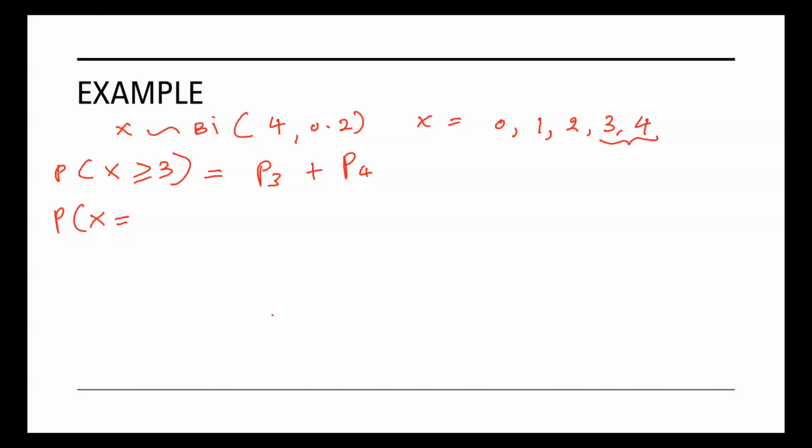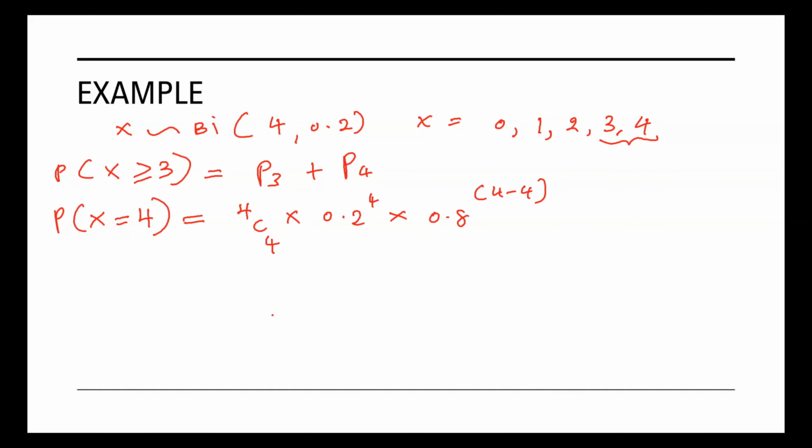Now let's find the probability when x equals 4. So when x equals 4, 4C4 into 0.2 to the power 4 into 0.8 to the power 4 minus 4.